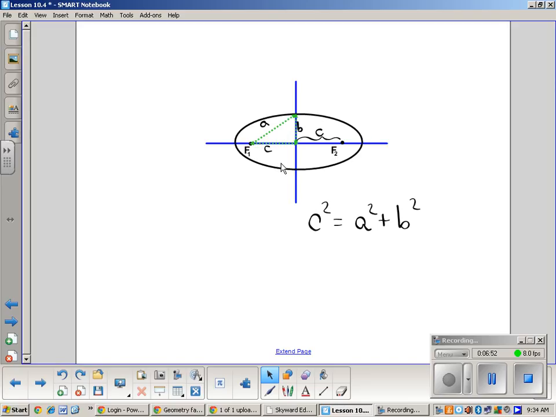So again, this model, just by looking at this, I know that this model is going to be x squared plus y squared equal to 1. What goes under the x this time? It's either A squared or B squared, right? So which one would it be?